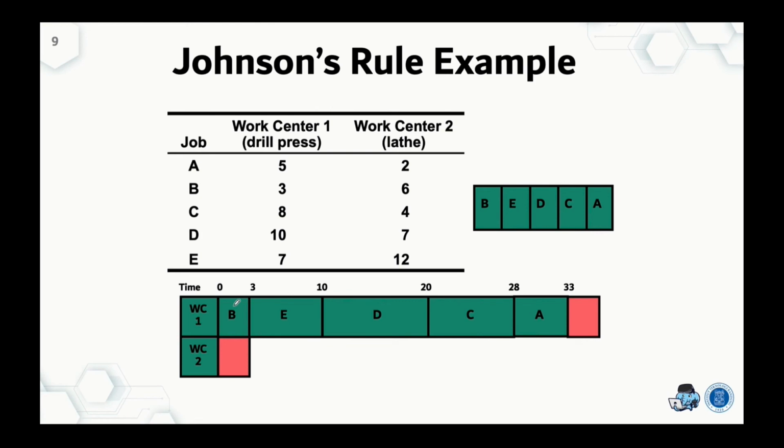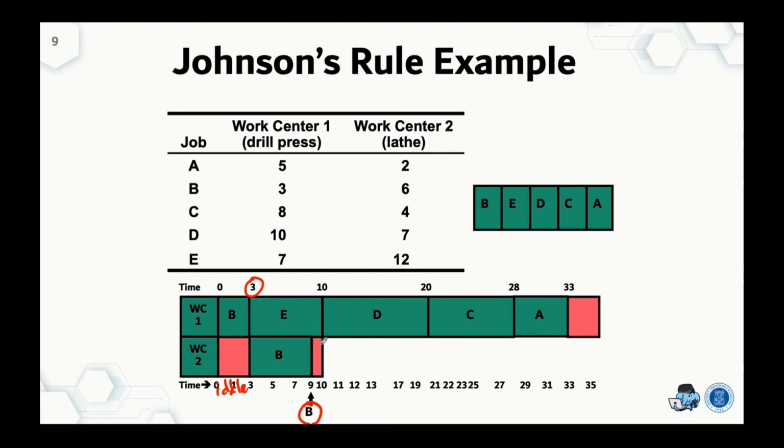In work center 2, we should wait. This is actually the idle time. Then work center 2 can start working from time 3 and finish at 8, and then idle again, waiting for job E from work center 1 to finish, and then starting at 10, we can proceed with job E and finish at time 22.